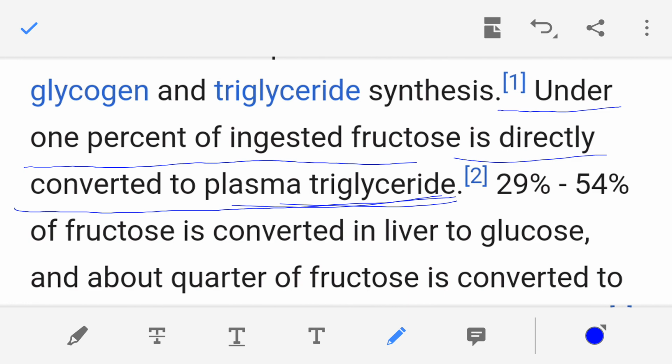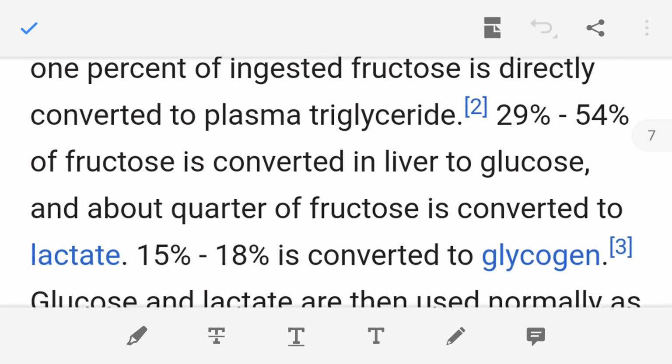Under 1% fructose, we are obtaining from our diet, or it is produced by the digestion of carbohydrate, for example sucrose. So that fructose can directly convert into triglyceride, but this conversion is under 1%, less than 1%.